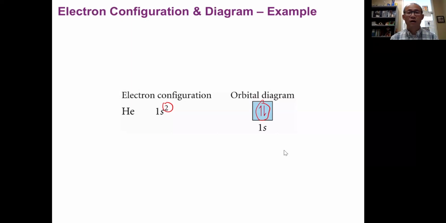There's no right one. I've seen both, but usually I prefer a single-head arrow showing one electron. So you can see that these two arrows are opposite, showing what? Opposite spin in the same orbital. The 1s orbital can accommodate two electrons, so you can put both electrons in the same orbital. That's our helium.